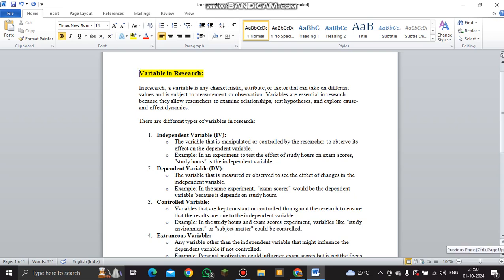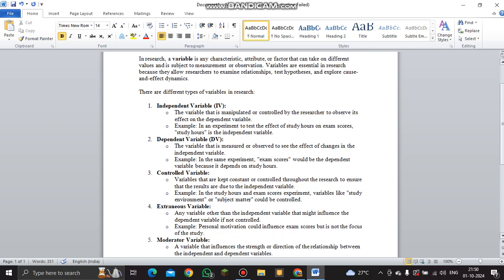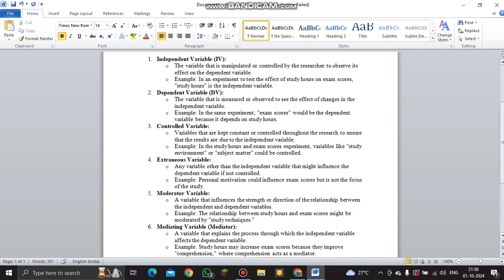Extra noise variable. Friends, what is the extra noise variable? It is any variable other than the independent variable that might influence the dependent variable if not controlled.